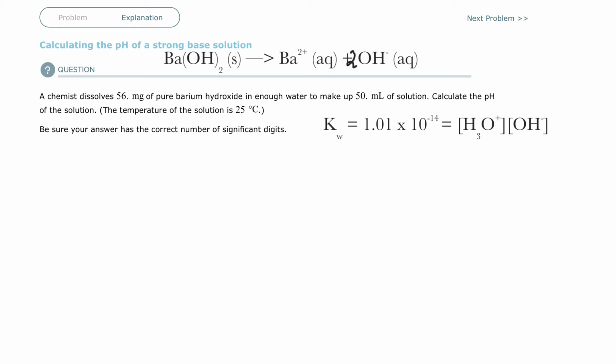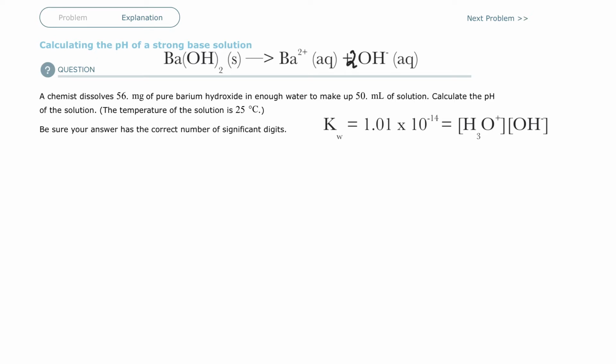And so you're given 56 milligrams of the barium hydroxide, and you want to know how much hydroxide that's going to give you, and then the concentration of the hydroxide we can go further with.